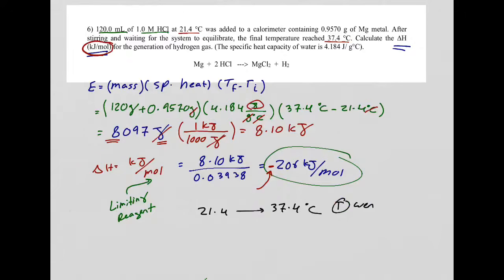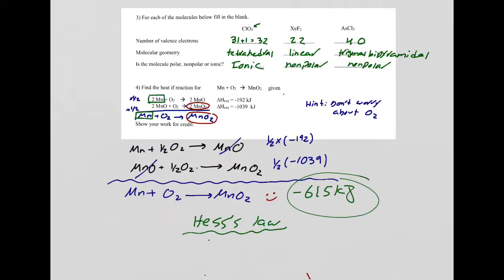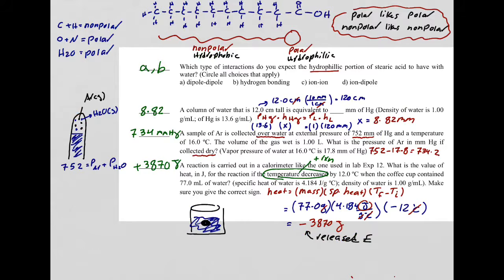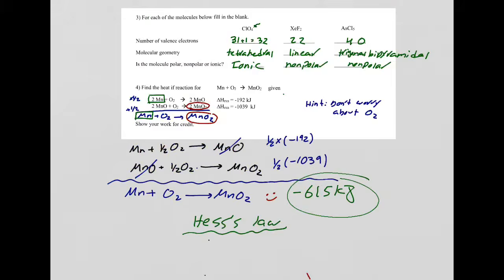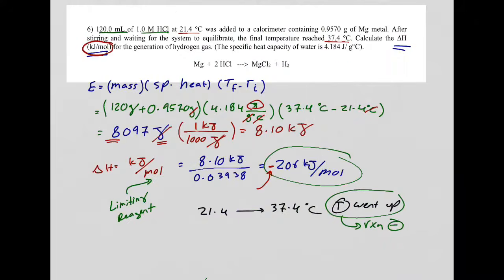If the temperature of the surroundings went up, that means the reaction was exothermic and was releasing energy to the surroundings. Now I'm going to go back here. The shortcut I had taught you was this: when the temperature goes down, that means the reaction is endothermic. Now here was the opposite. The temperature went up, so the reaction is exothermic.